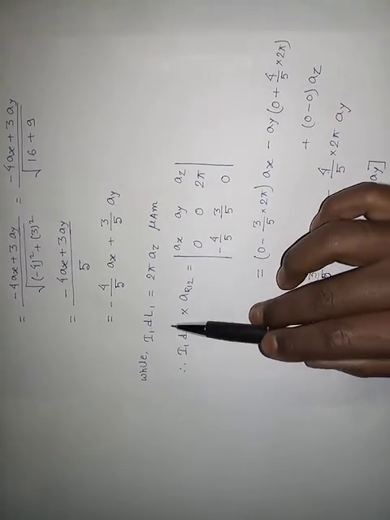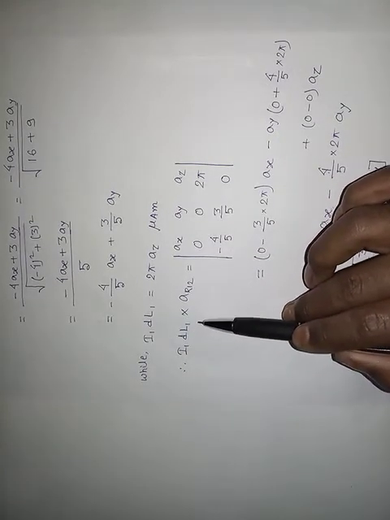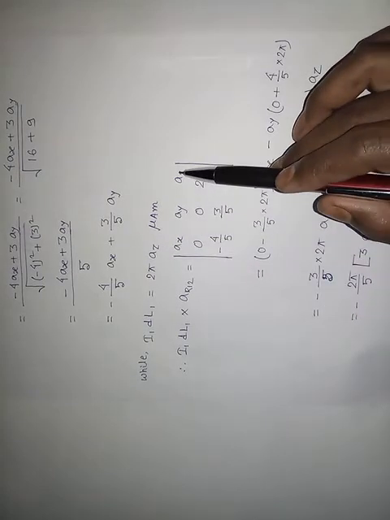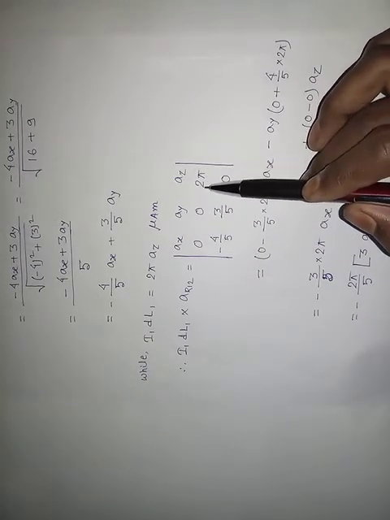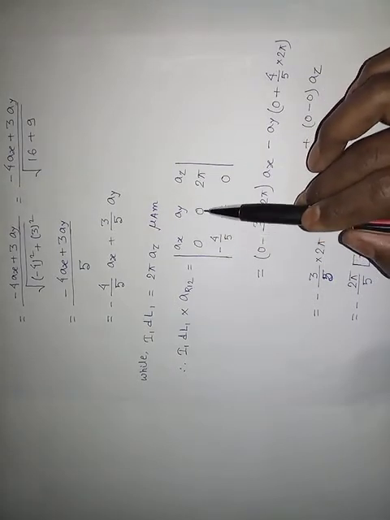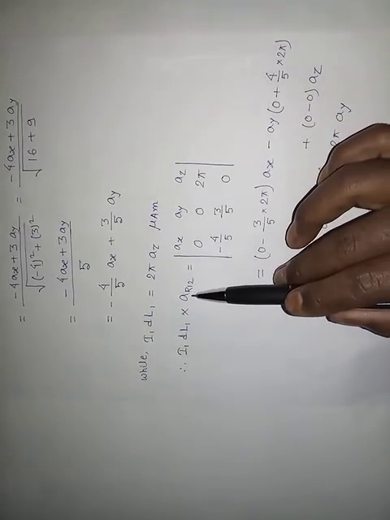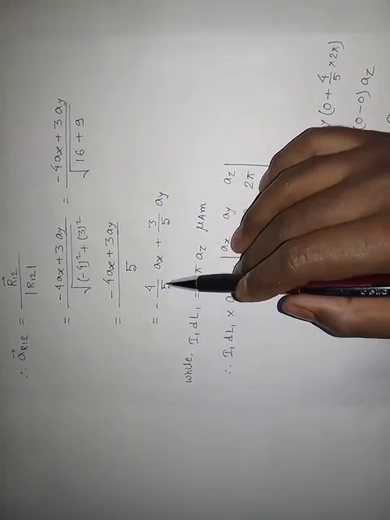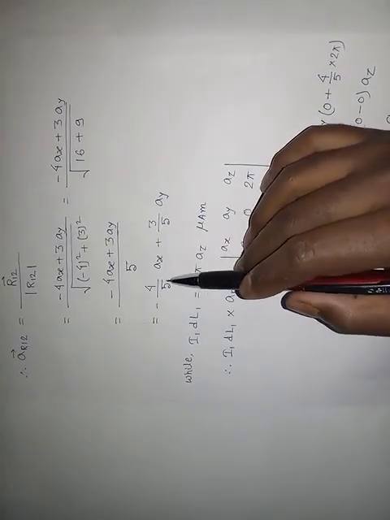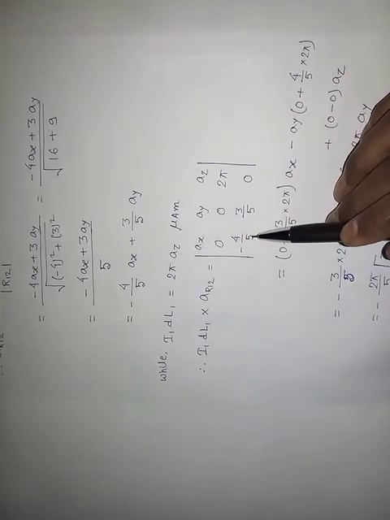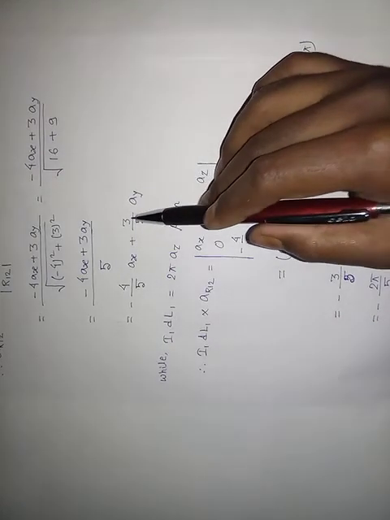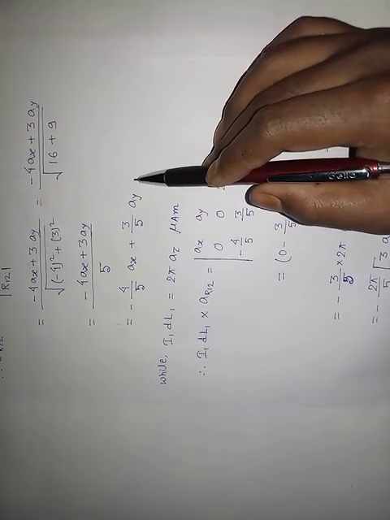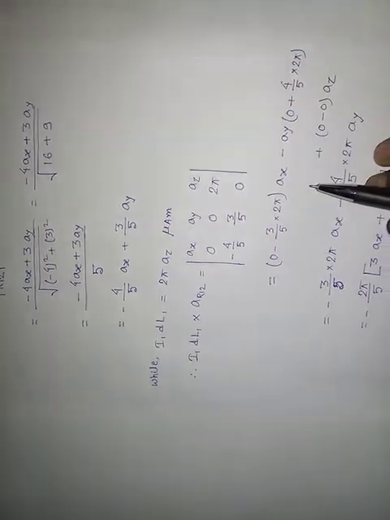The I1 dl1 part gives us the az part, so we put 2 pi in the az part, and the other parts are 0. For aR12 we found minus 4 by 5 ax, so we put minus 4 by 5, and 3 by 5 ay, and there is no az part, so we put 0.